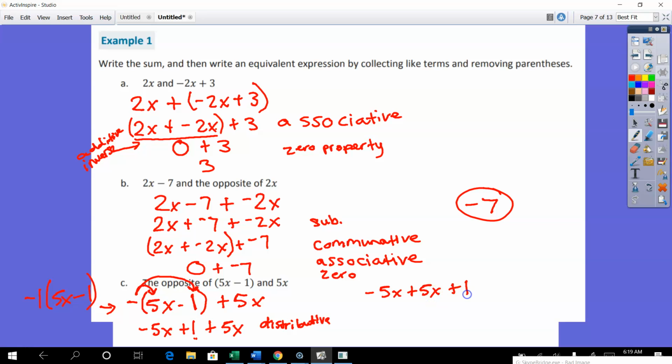So that gives me plus 1. So then I'm going to regroup that. So we did the commutative property. Then we regrouped. So this is the associative. That gives me 0 plus 1 is 1.